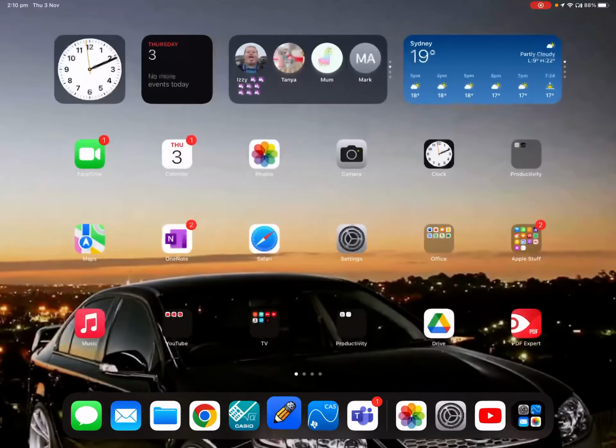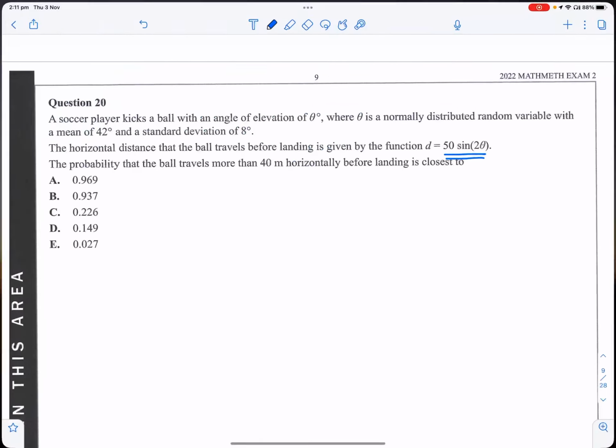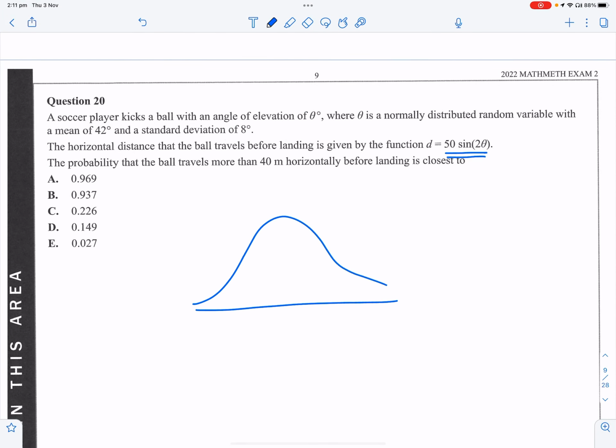That kind of doesn't make sense. I mean, if you've got this curve, that's 42, that's the angle that it's released at, 26.56.